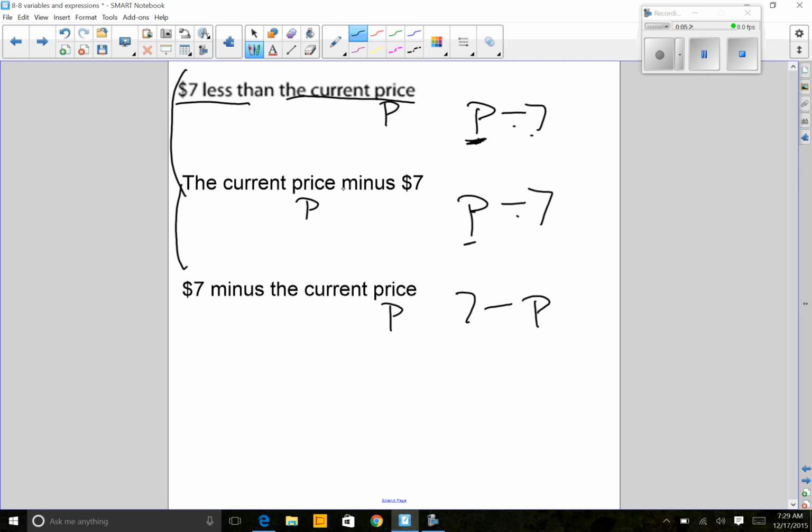This one is the trickier one of the three, because it's $7 less than the current price. You have to kind of flip it. These three are the trickiest of the algebraic expressions that they're going to have you do, and those are the ones you're going to want to watch out for: these subtraction ones, and the difference between less than and minus.